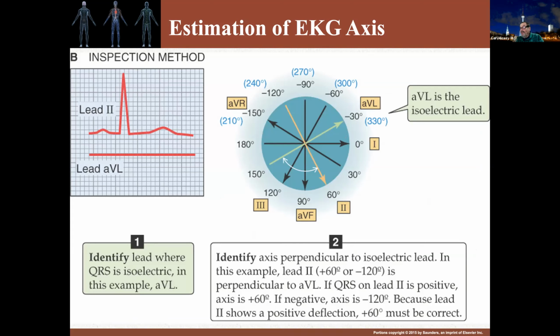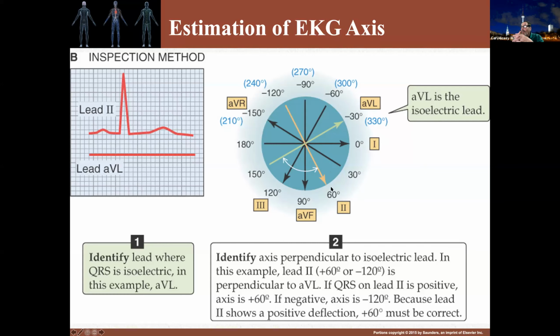So what we do is identify the axis which is perpendicular to the isoelectric lead. AVL runs from 150 to minus 30. The lead which is perpendicular to that is going to be lead 2, which runs from minus 120 to 60.